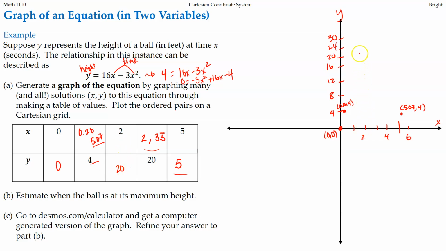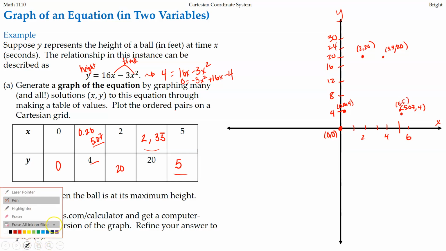Now I'm going to continue plotting these points. At 2, I'm at 20, so I'm up here. So 2, 20, and also at 3.3, I'm at 20, so right about there: 3.3, 20. And lastly, I'm at 5, 5, so that's going to be right about there. Now, to generate a graph, I'm going to do my best.